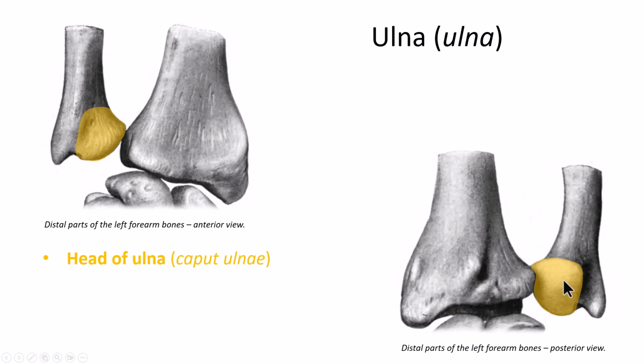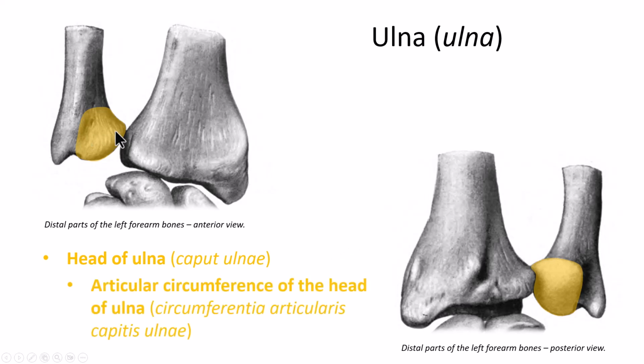I have marked it in orange on both images. Note that this structure articulates with the radius, therefore it will have an articular surface in the form of the articular circumference of the head of ulna, circumferentia articularis capitis ulnae. This structure covers about 3/5 of the circumference of the head of the ulna on the side of the radius.